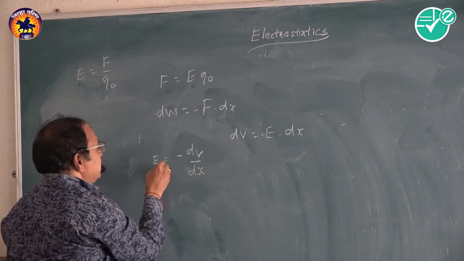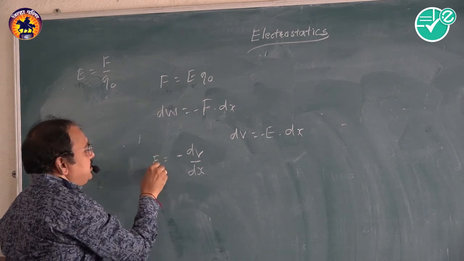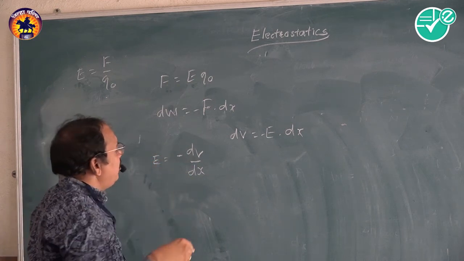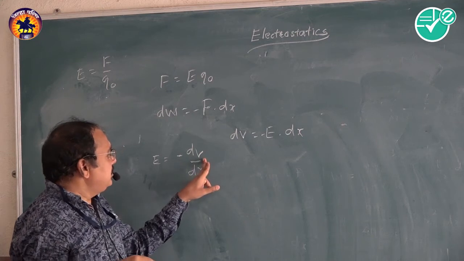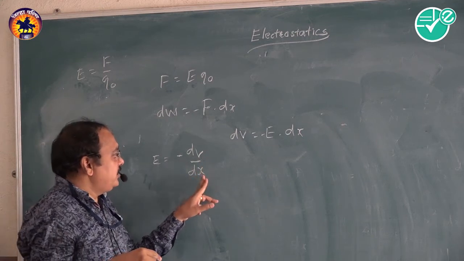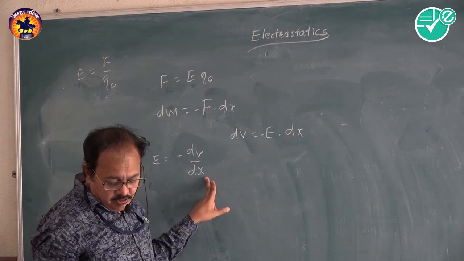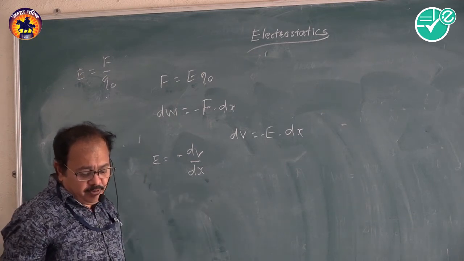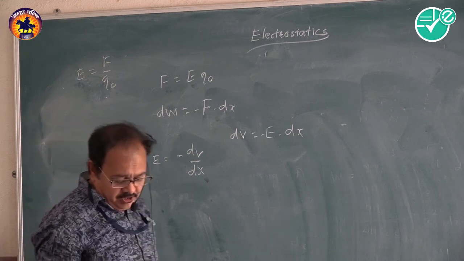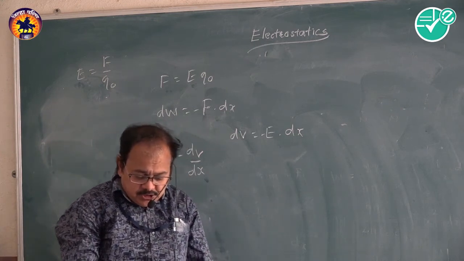That means the electric intensity is the negative of the rate of change of electric potential. It is the work done per unit charge displaced.